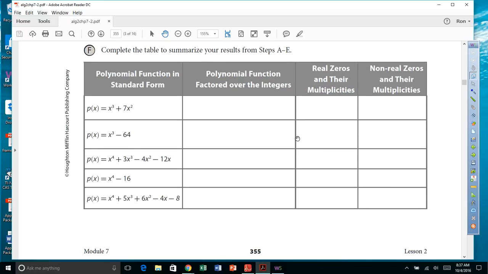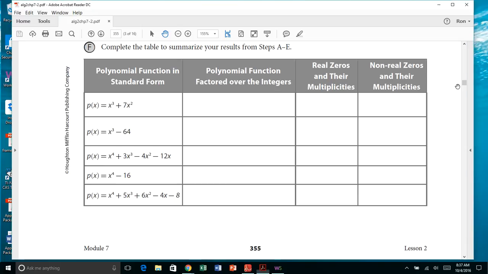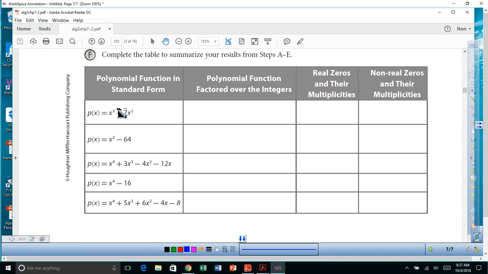Complete the table to summarize your results from step A to E. We factored this one here, and we got x squared times x plus 7. So the real zeros, you got negative 7, and you got 0 with a multiplicity of 2. Non-real zeros, there were none.